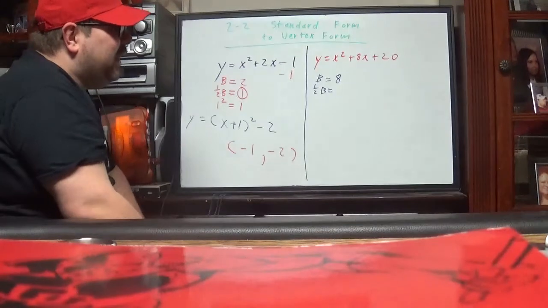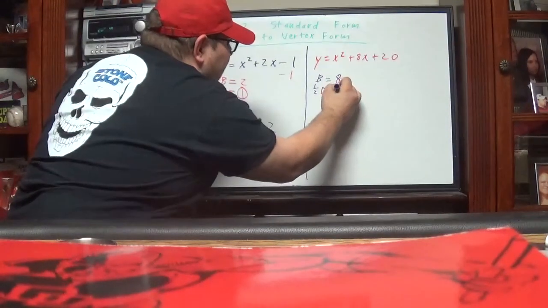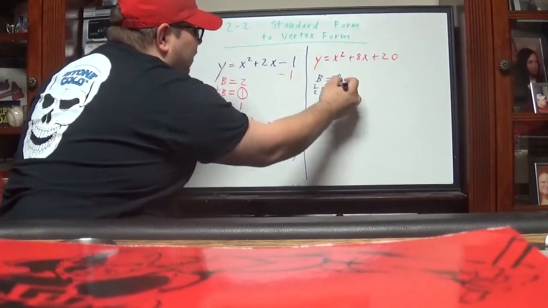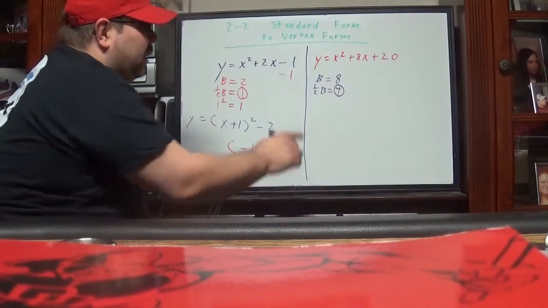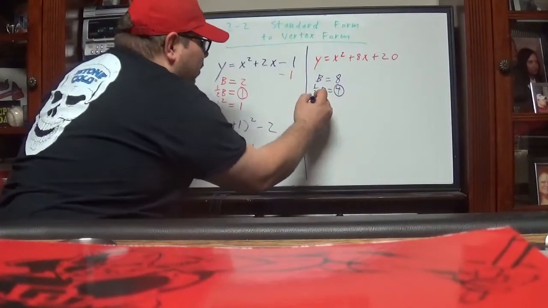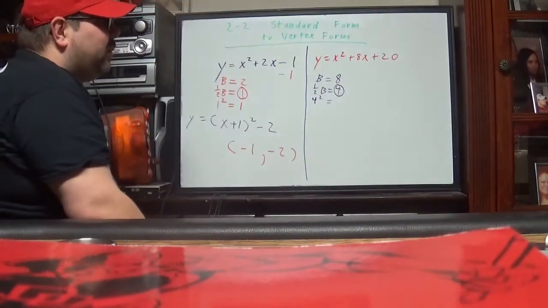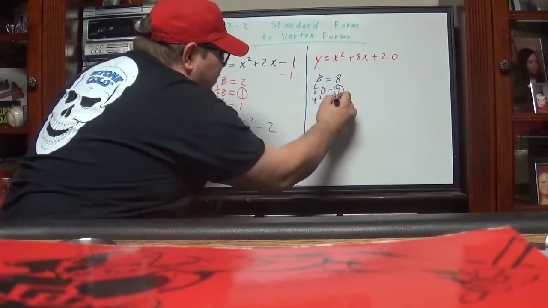Well, half of b, of course, is 4. Half of 8 is 4. Now I'm going to circle that because that's part of the final answer. And now I take the circled number 4 and square it. Well, what's 4 squared? 4 times 4, that is 16.